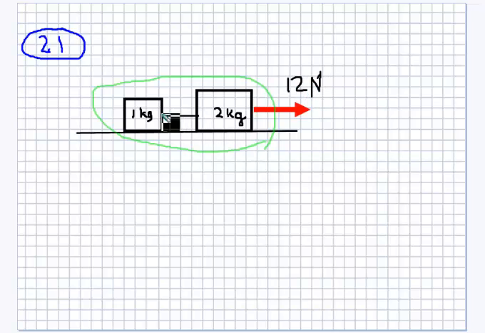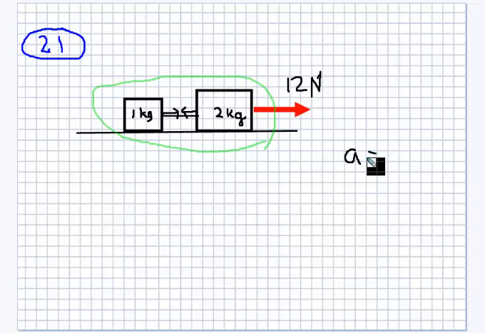And these two tension forces for our system are internal and therefore canceling. They are Newton's third law forces. So this 12 Newton force drives the whole system. From that you can figure out the acceleration.